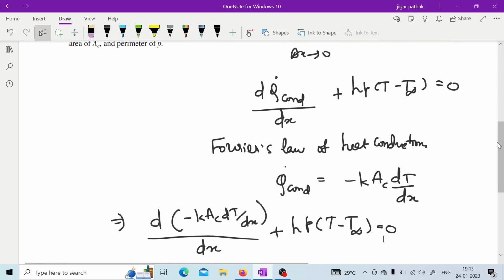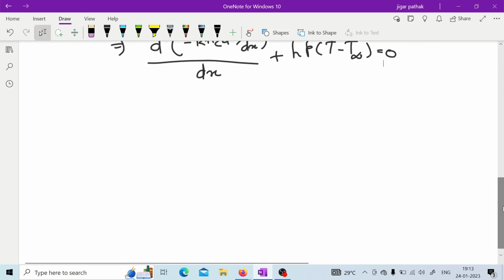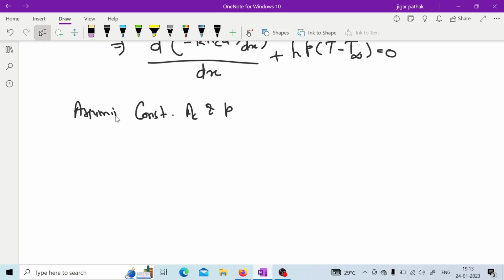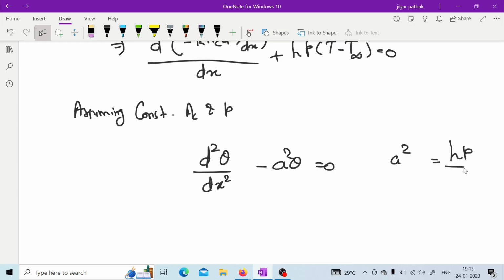So by assuming these constant, you can simplify that relation to d square theta upon dx square minus a square theta is equal to 0, where a square is nothing but hp upon kAc. So this is how you have this differential equation.